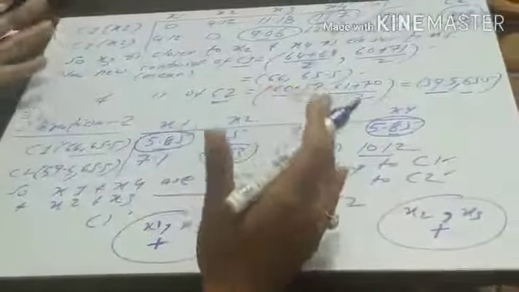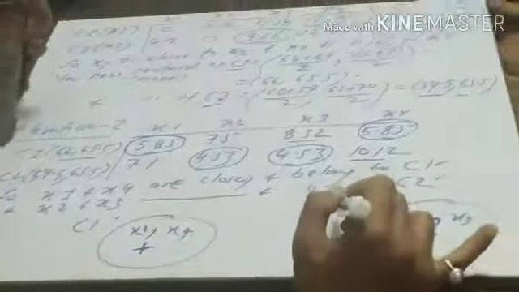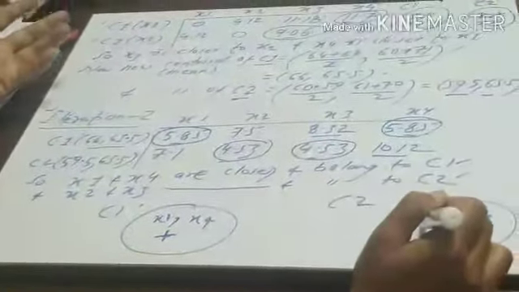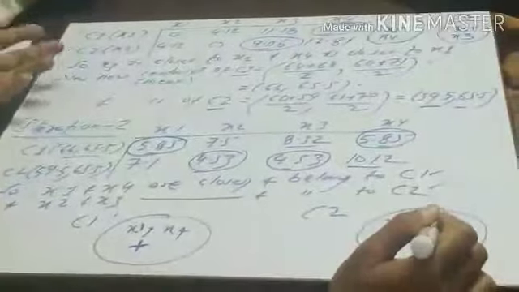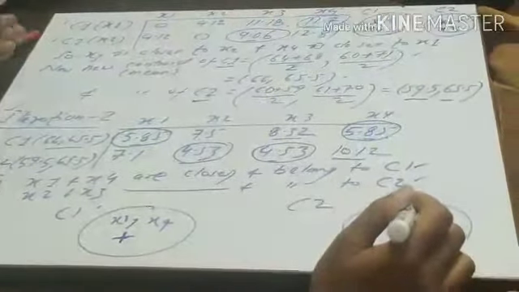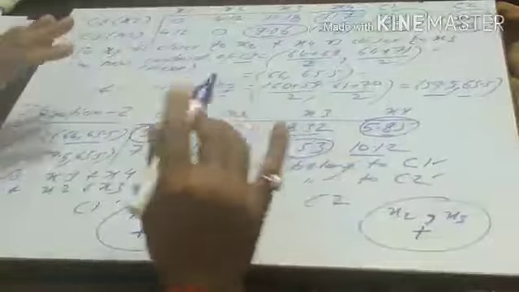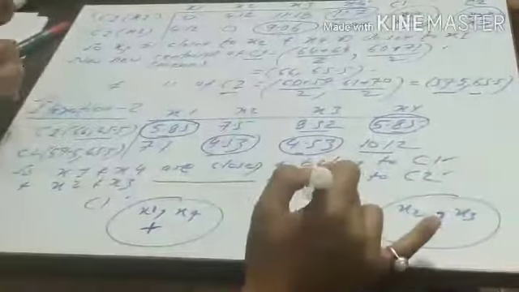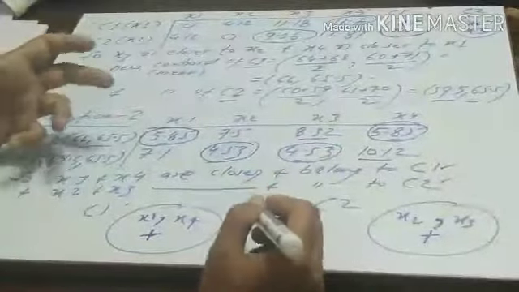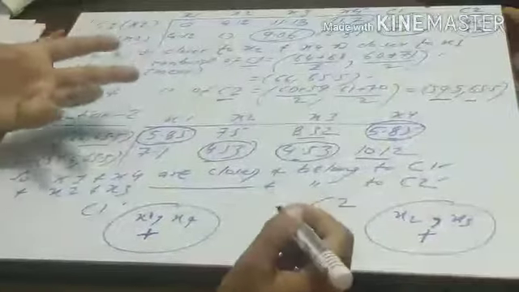And similarly C2 contains the points x2 and x3 in iteration 2 as well as in the previous iteration. So finally we end the algorithm, and we got the two clusters which divide these 4 points clearly. Okay.